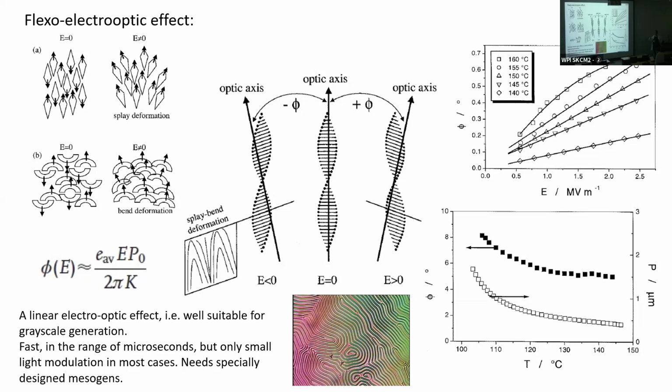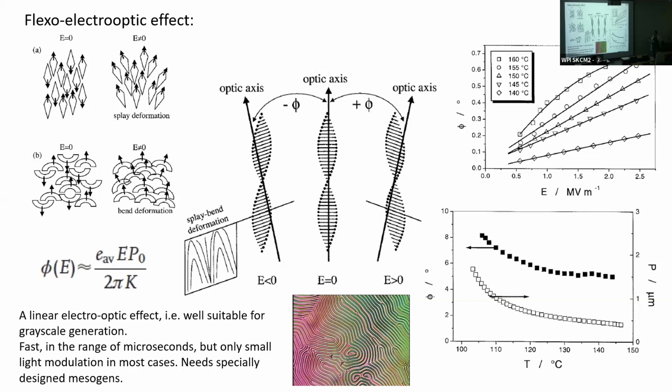When you get close to phase transitions, then that doesn't hold anymore. But you have a linear effect, and it's proportional to the pitch, which you can see here. This is the pitch, the open symbols, and the closed symbols is the response that you get as an angle. So that is pretty equivalent.